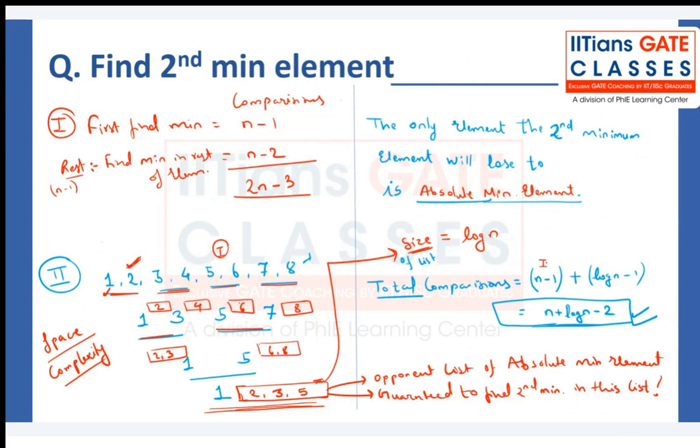Hence, the first part is n minus 1. The log n minus 1 comes from looking for the absolute minimum in the opponent list of the winner. This is your second part, and the first one is from the tournament method.